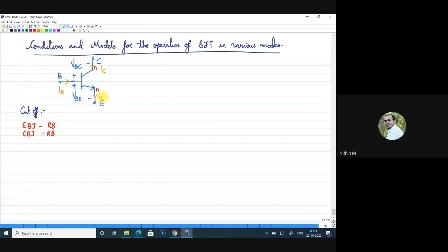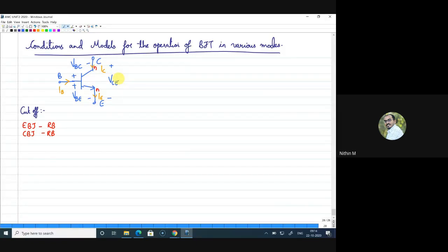Now, since voltage is applied here, we usually define one more voltage here as VCE, which is written as plus minus. Right. This is how for a BJT we mark the terminal voltages and the currents. So you can compare this to a MOSFET, but in a MOSFET we will mark VGS and VDS. We generally will not apply VGD directly, but the VGD voltage is in turn coming. Right. So here it is slightly different. We will see that very soon.